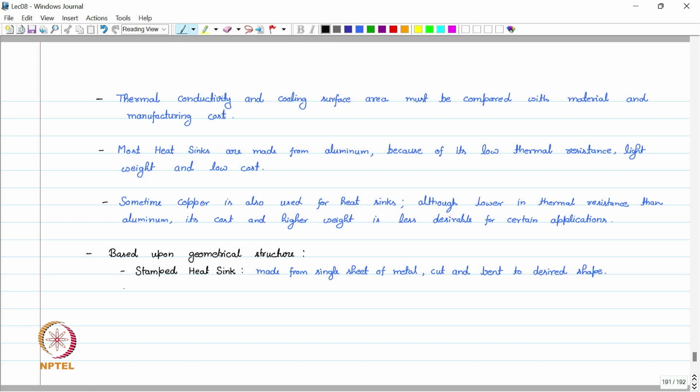The second is the extruded heat sink. These are cost effective and provide good thermal performance.